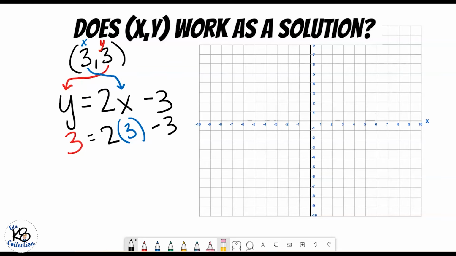I replaced both x and y with 3, and now I'm going to solve based on PEMDAS. First I need to multiply 2 times 3, that's 6.